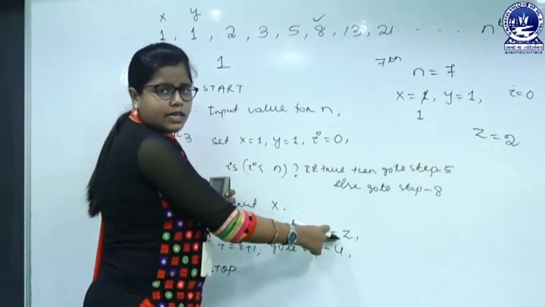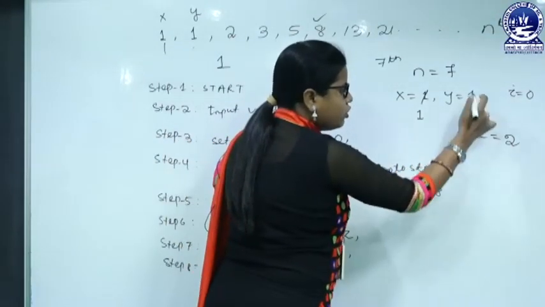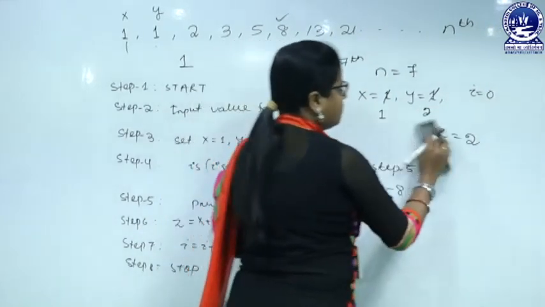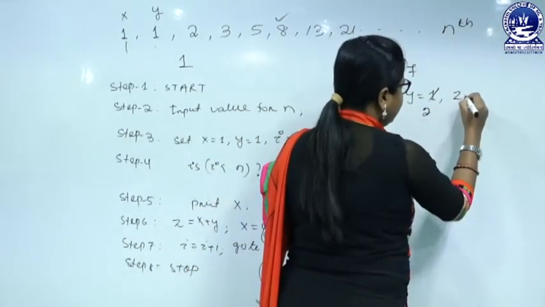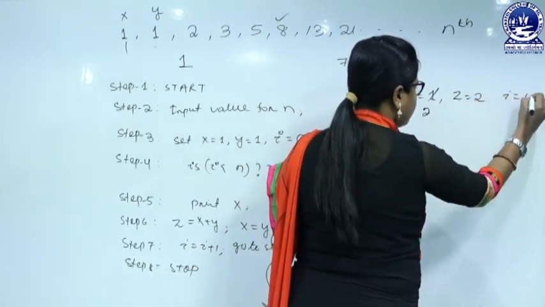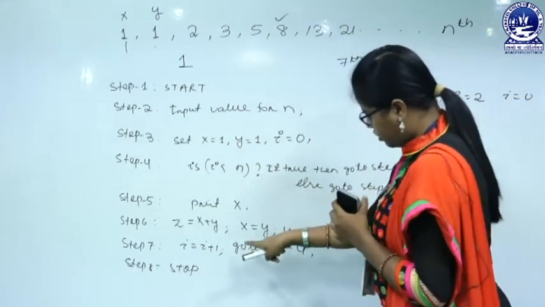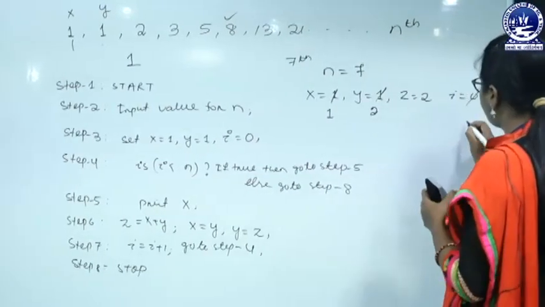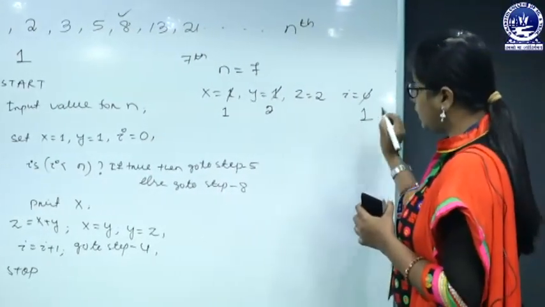Y is z, so z is 2, and the y value will get modified and it will be 2. Suppose here z equals 2 and I equals 0. Next, I equals I plus 1, so the I value will get modified and I will be 1.